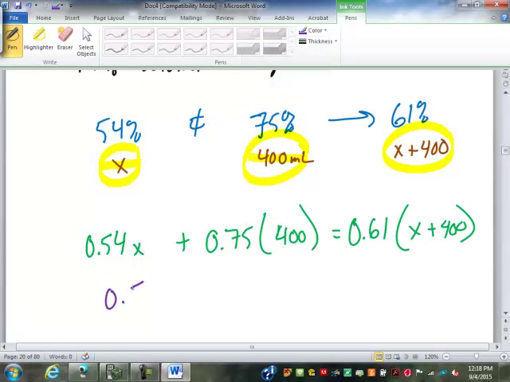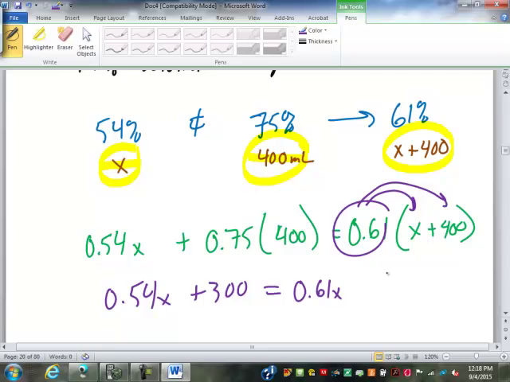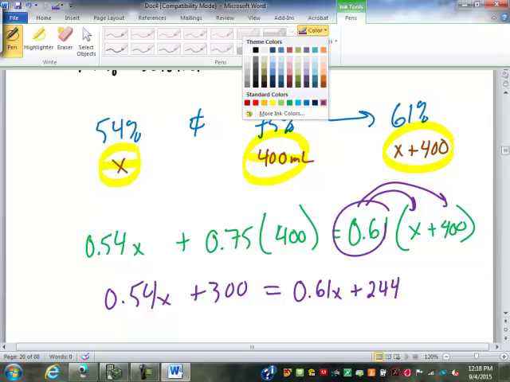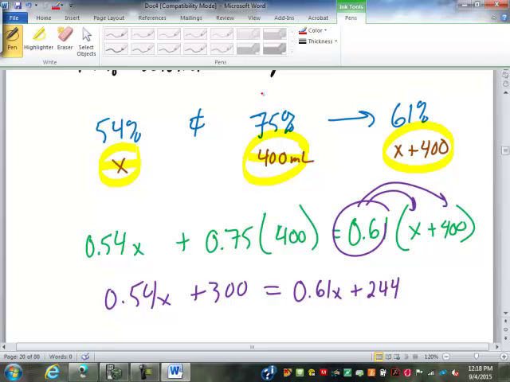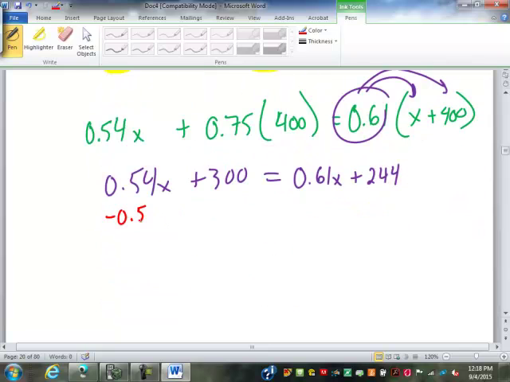So this is just 0.54x yet. 0.75 times 400 is 300. 0.61, we're going to multiply through the parentheses, that's 0.61x. 0.61 times 400 is 244. Now what? We'll get rid of one of the x's. We'll get rid of the 0.54x because it's the smallest. So 300 equals 0.07x plus 244.